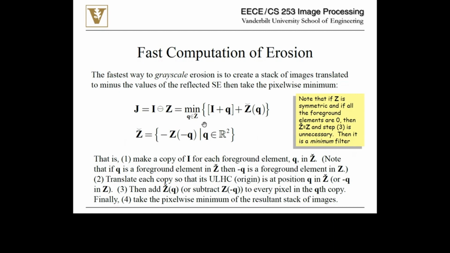Now you are moving the image to all locations of the support of the structuring element that has been mirrored. Remember that it has to be mirrored in both ways: in space, so that is why you have the minus Q, but also in intensity, and then you have the minus Z.